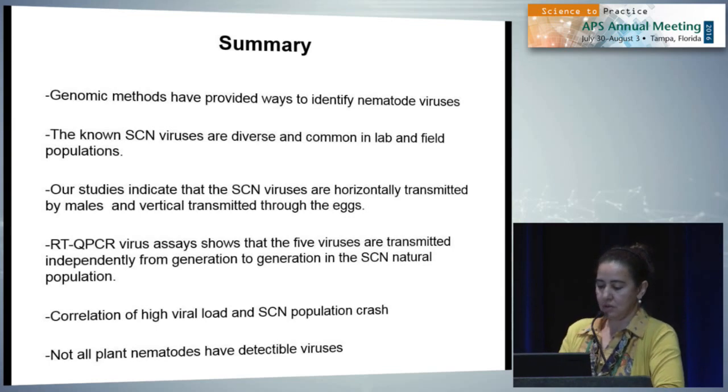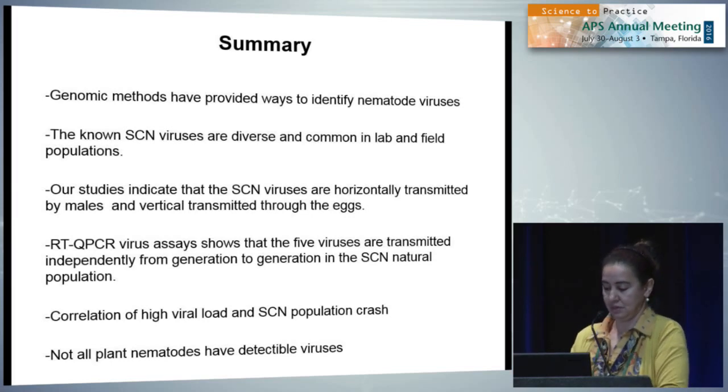So the viruses seem to be diverse and common in lab and field populations, so this is not just a lab phenomenon. Our study indicates that the viruses are horizontally transmitted by males and vertically transmitted through eggs with the females.